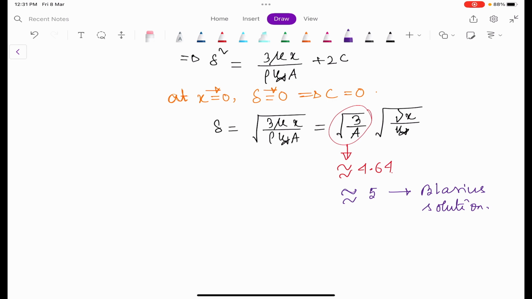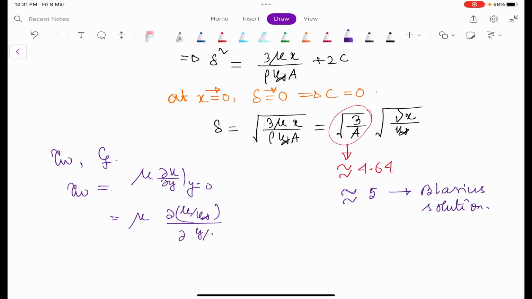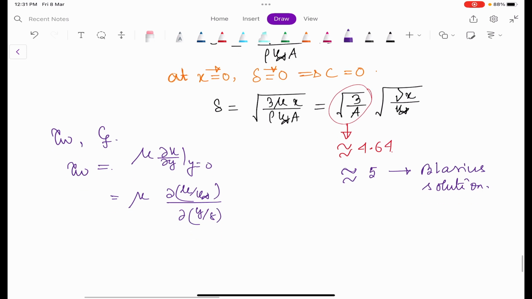So likewise you should find the tau wall, the skin friction coefficient. How can you find the tau wall? You can find it by mu into del u del y at y equal to 0. Now you put, okay, so if you are doing it the first time, then these things may seem a bit difficult to you, but as you practice it, you will get a bit comfortable. So then u infinity into delta.